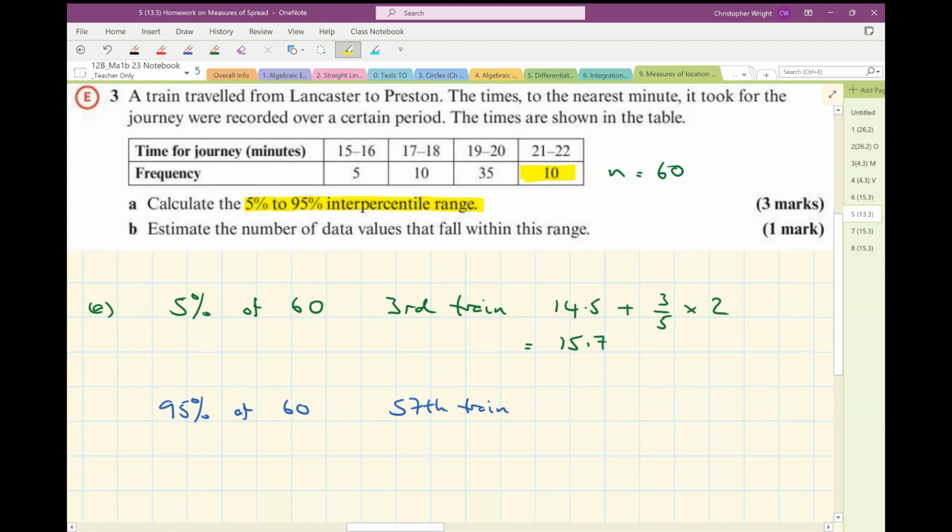Okay, so the start time there is 20.5. Of course, it's not at the beginning of that class, is it? It's 7/10 into that class, and the class is 2 minutes wide. So the time for that train is going to be 21.9.